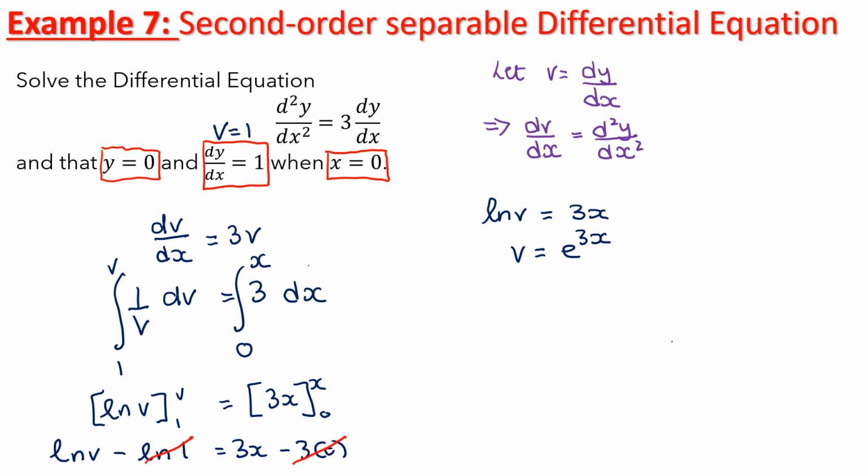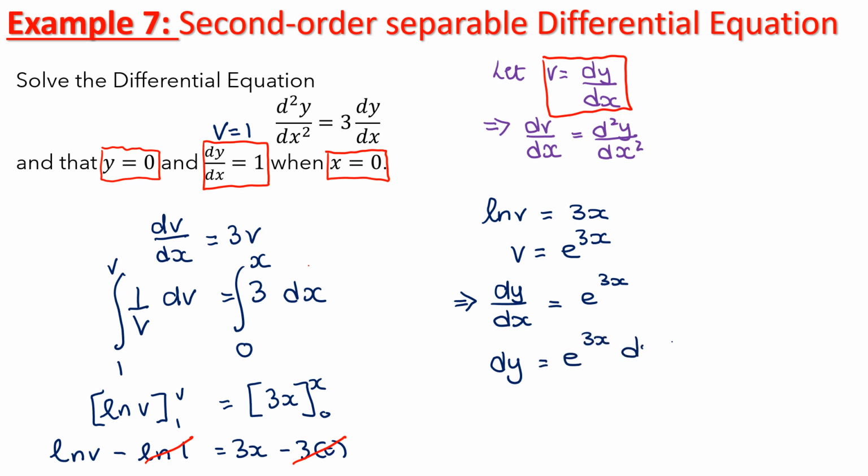Now, we are done with solving that first order, but we're going to go back and remind ourselves that actually v is equal to dy/dx. So dy/dx is actually equal to e to the power of 3x. Let's separate that, e to the power of 3x dx, and now let's integrate.